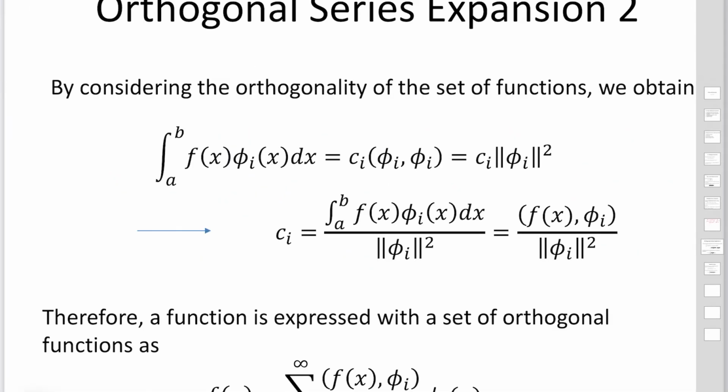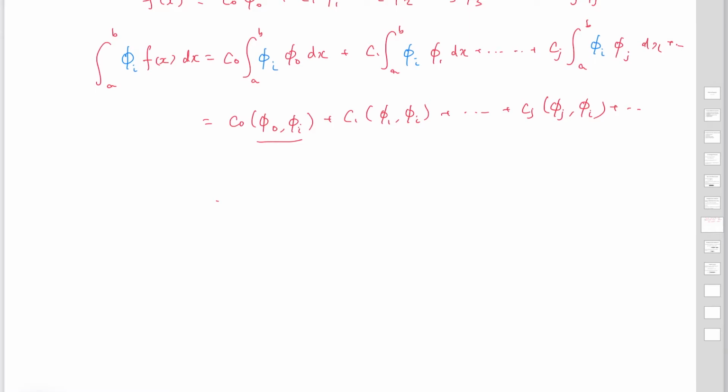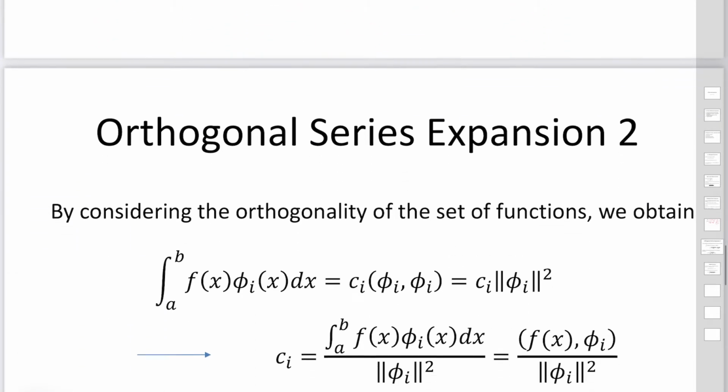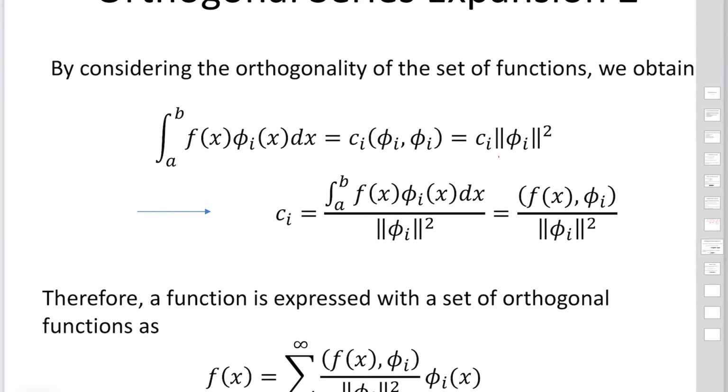By considering the orthogonality, except for a single term, all the terms become 0. If i is equal to j, this becomes the integral from a to b of phi sub i squared dx, so it becomes the norm of these functions.